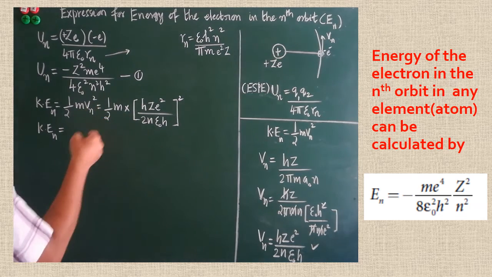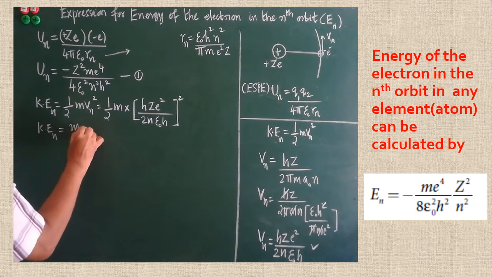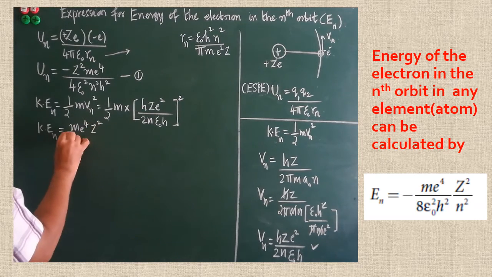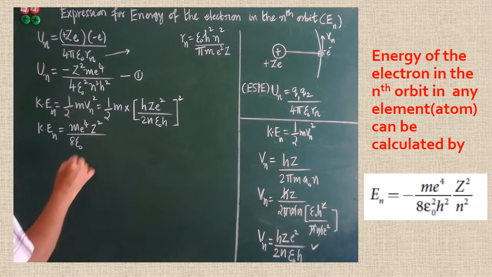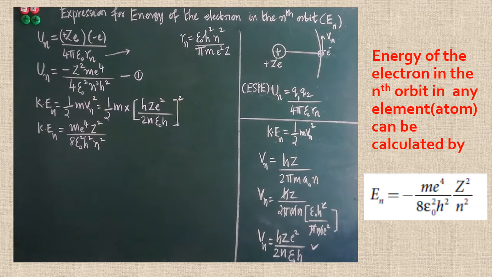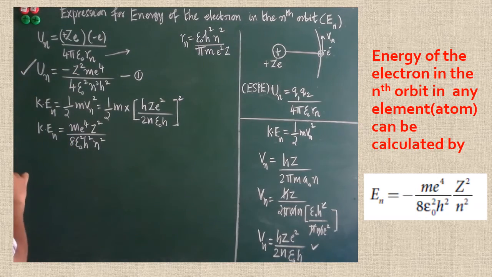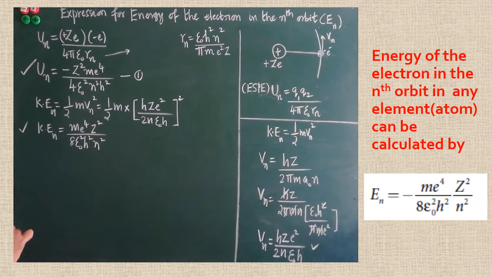After simplifying, you will get the new expression: m e to the power 4 Z square whole divided by 8 epsilon naught square h square n square. This is the expression to calculate the kinetic energy. Now compare both. This is the expression for the electrostatic potential energy, and this is the expression for the kinetic energy of the electron in any orbit.